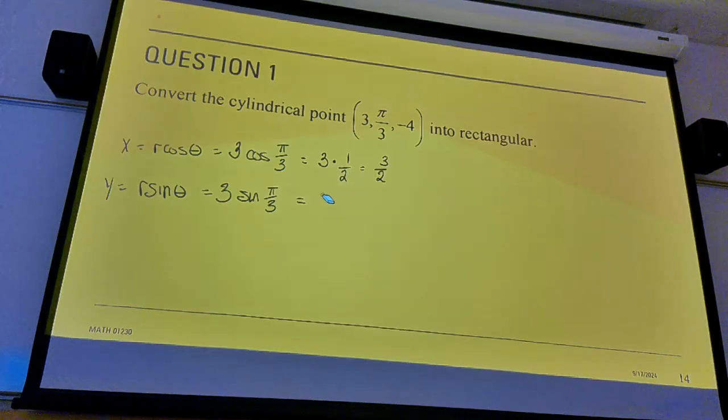Ready? Here's the hardest one. What's z? Seven.